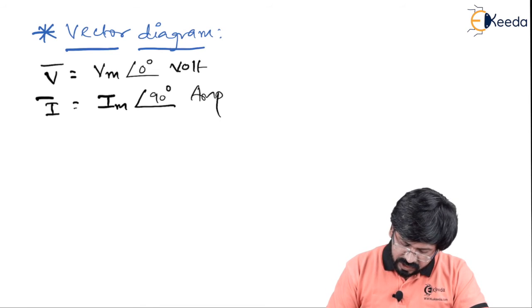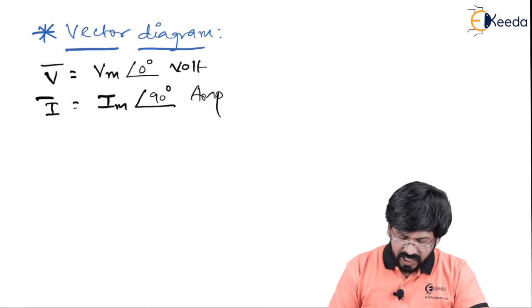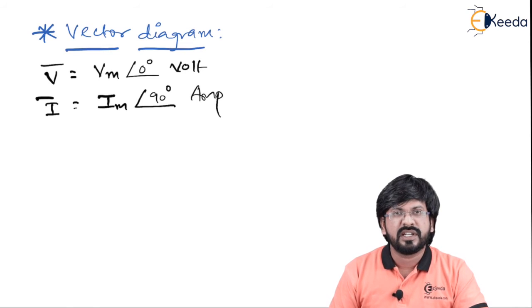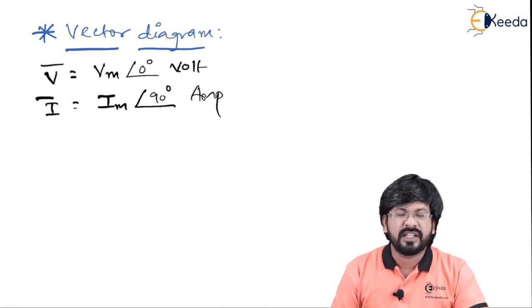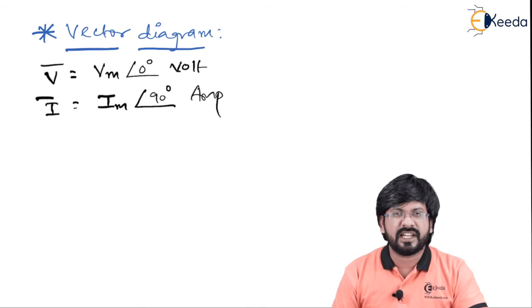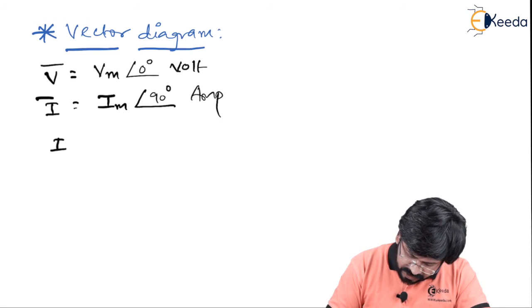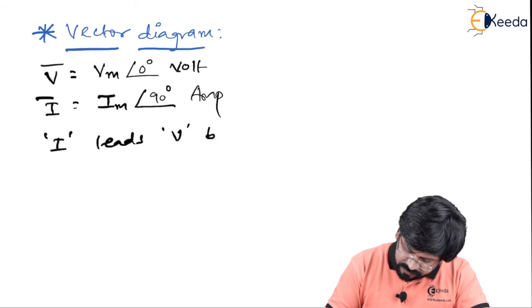Answer is no. As you can see, V vector is in 0 phase, I vector is in positive 90 degree phase. It means if I compare, this positive 90 degree indicates leading, negative 90 degree indicates lagging, or any negative phase indicates lagging phase, any positive phase indicates leading phase. It means I can now say that current I leads voltage by 90 degree.